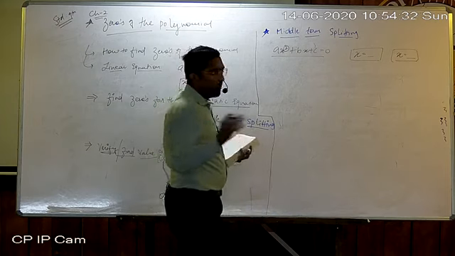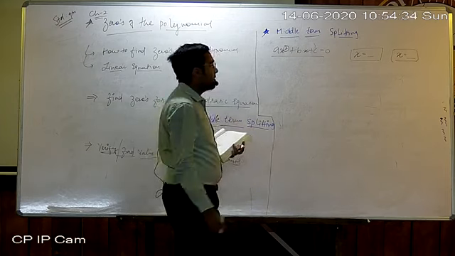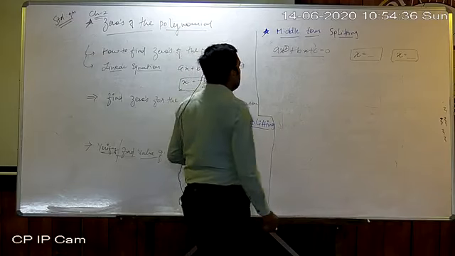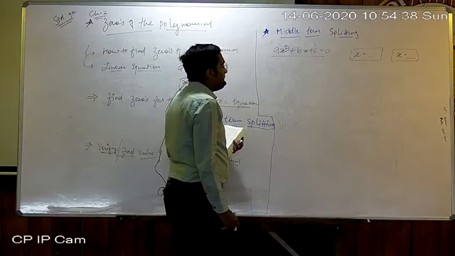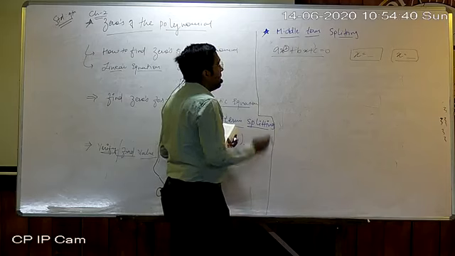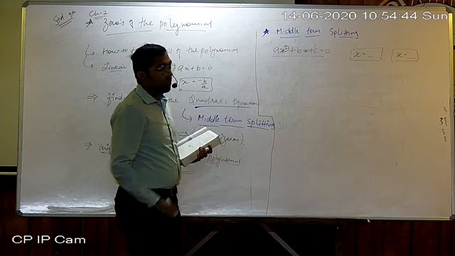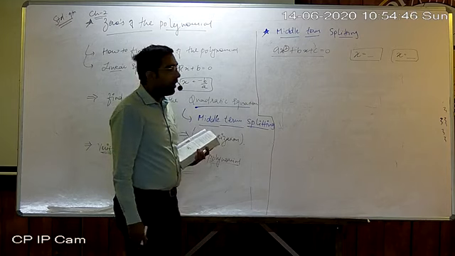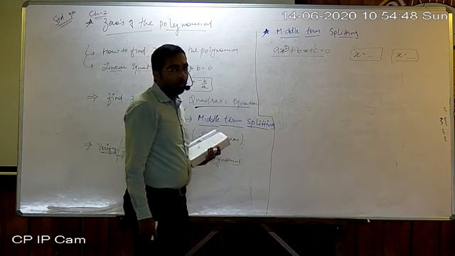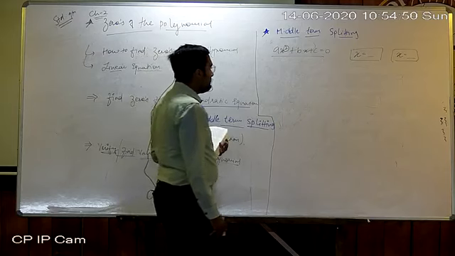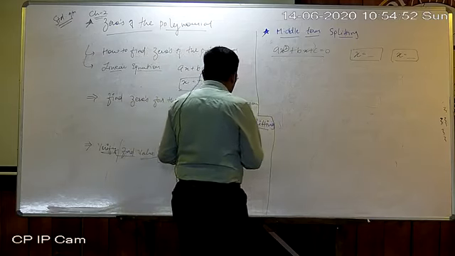Okay, as we know from the previous lecture, the introduction of the polynomial, both values of zeros, or both values of x, may be different or may be equal. Okay, so how to solve them?